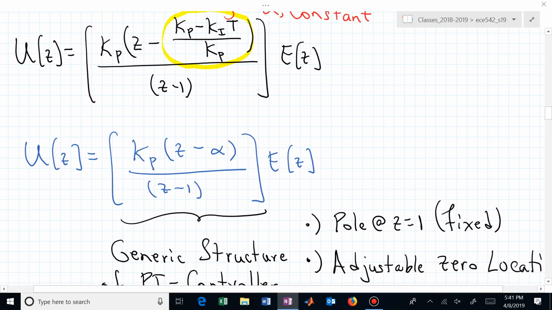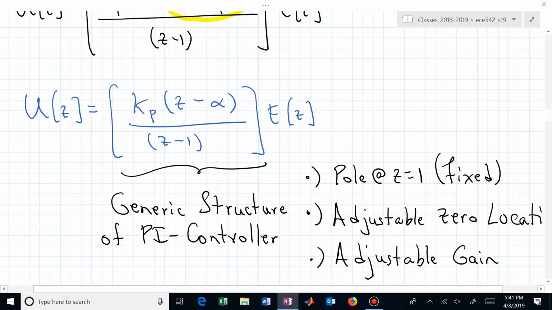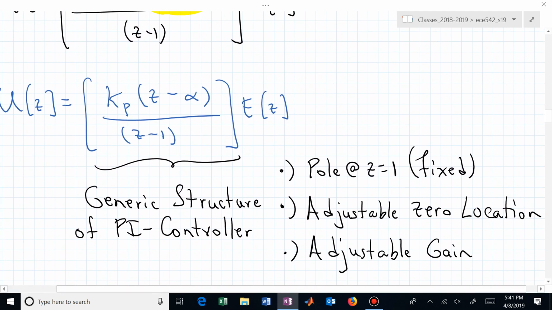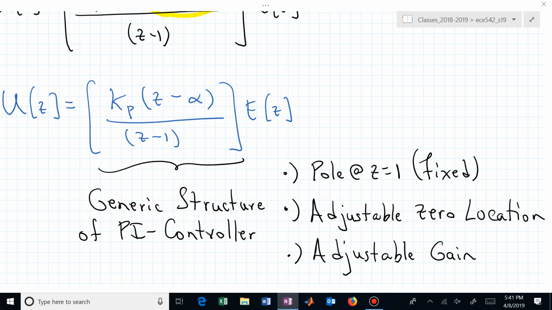For a PI controller, if I say design a PI controller, you don't have to go through this derivation again. You can just say, oh, he wants a PI controller. I'm going to give him this generic structure. I actually have a fixed pole at the origin, and that's consistent with what we had before. In the analog setting, we had a 1 over s.